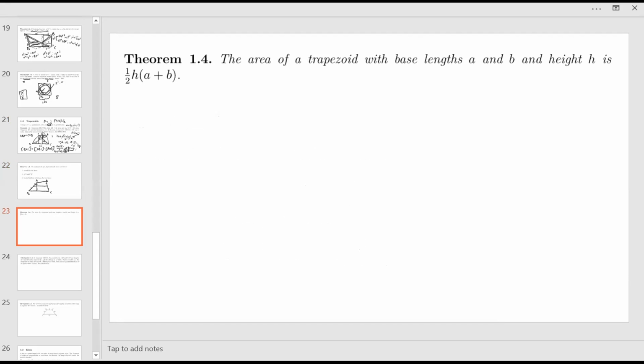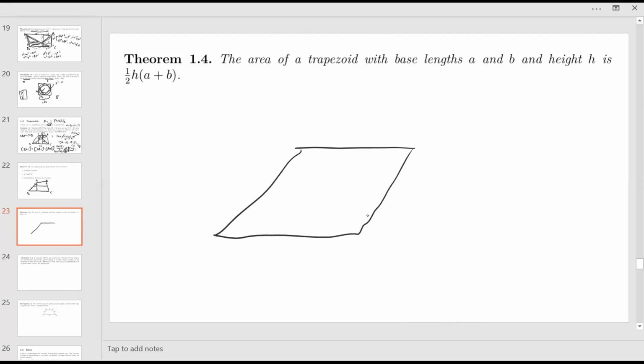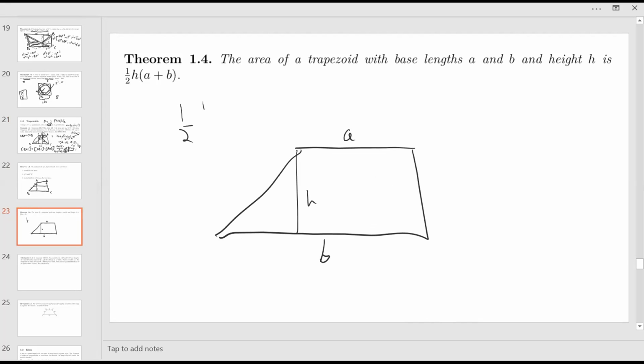And yeah, the area of a trapezoid with bases a and b and height h is just 1/2 h times a plus b.